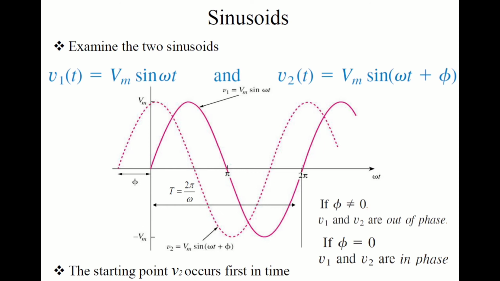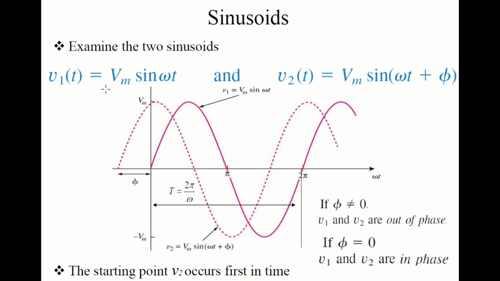So let's look into these two sinusoids. We have two equations, v1(t) equal to Vm sine wt and v2(t) equal to Vm sine (wt plus phi). The difference between these two equations is the phi here. If we represent these equations in a graph, you get this kind of graph.